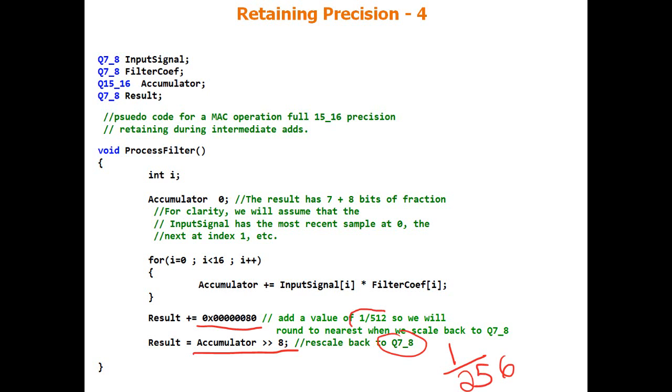Well, I add a value of 1 over 512. If you work that in hex, that's what 1 over 512 is in a Q15.16 format. All right? So you just do this add. Now, the good news is all this stuff is known ahead of time. This is something you know as you're writing the code, so you can just go ahead and figure these numbers out. This is not necessarily dynamic. All right, and there it is.